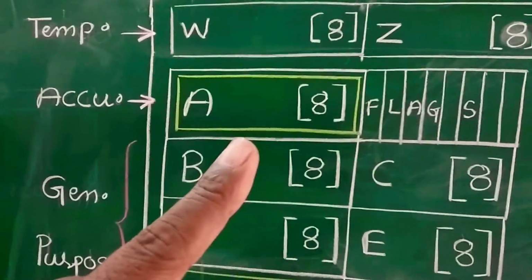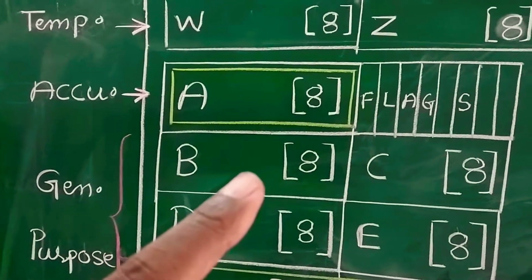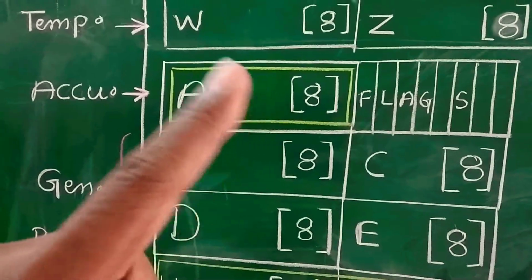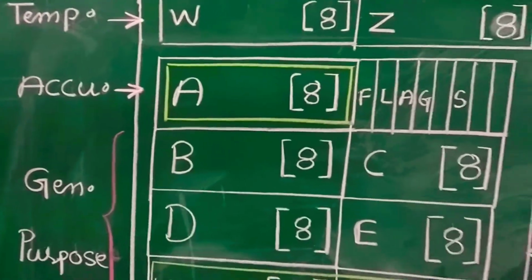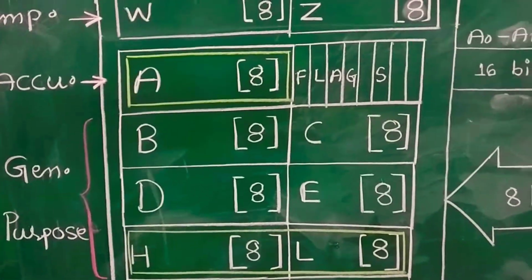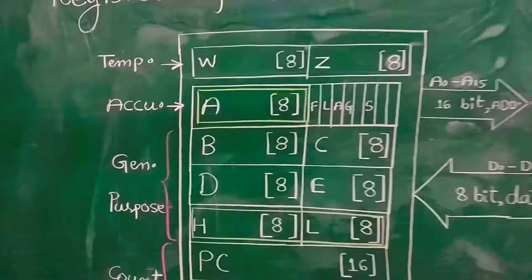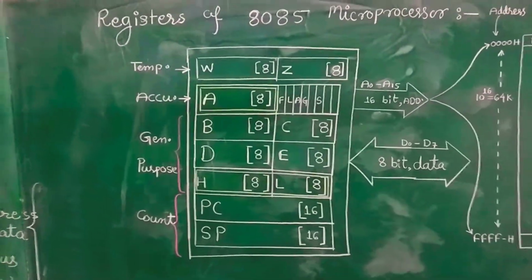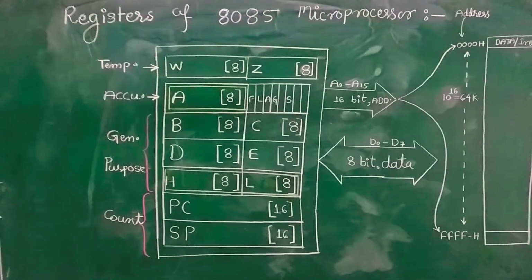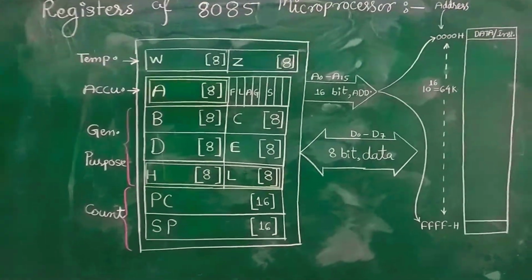After performing an arithmetic or logical operation, the result is stored in the accumulator. That's why the accumulator is a very special register, because after each arithmetic and logical operation, the result is stored in the accumulator.